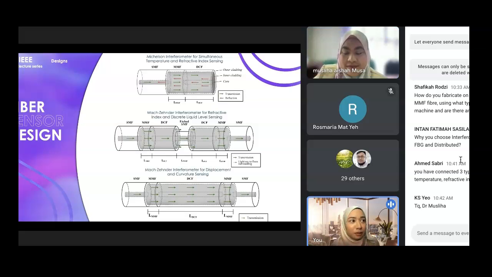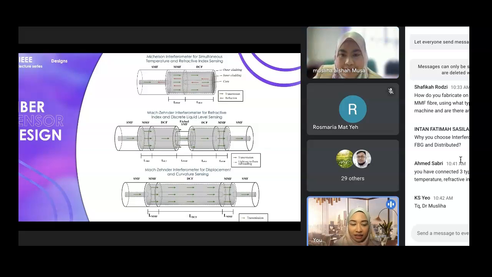Can I ask about the splicing points? Are the splicing points sensitive to the environment that you're testing in? Yeah, if we do a splicing, the splicing point has a loss, but we can still get the signal. It's not sensitive to the parameter that we want to test, so it's not a big significant issue there.